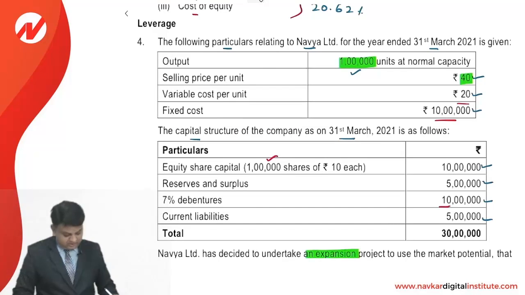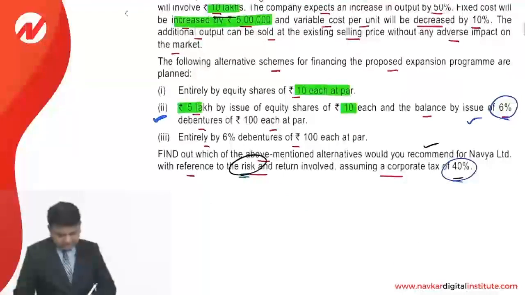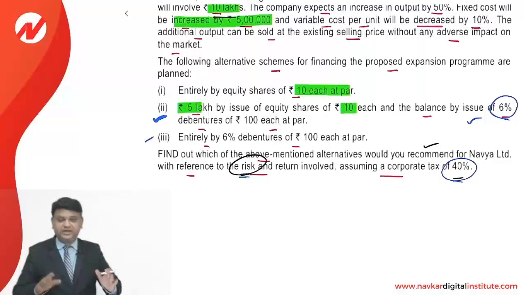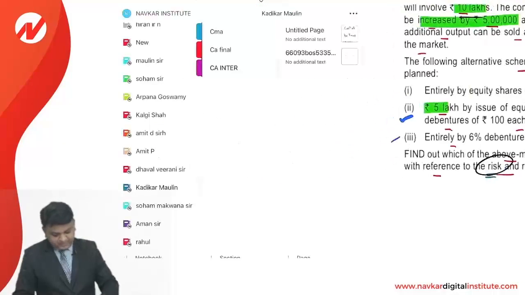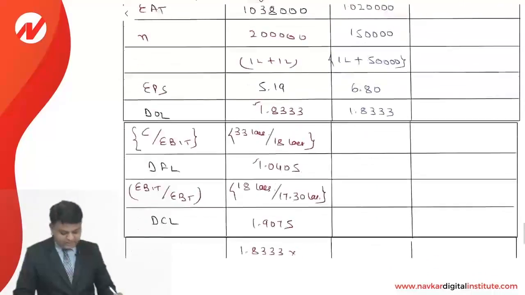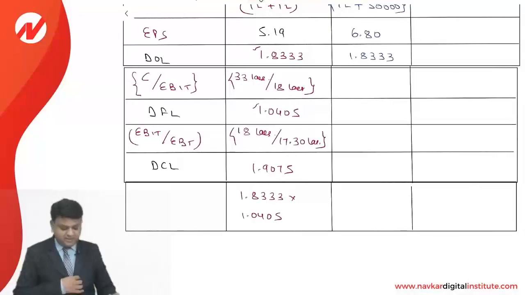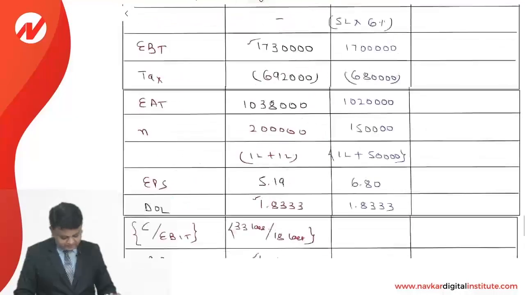Next, let us see the third alternative, where we are going to have only the debt financing and there is no equity financing. In that case, before calculating the answer, let us just compute the DFL.